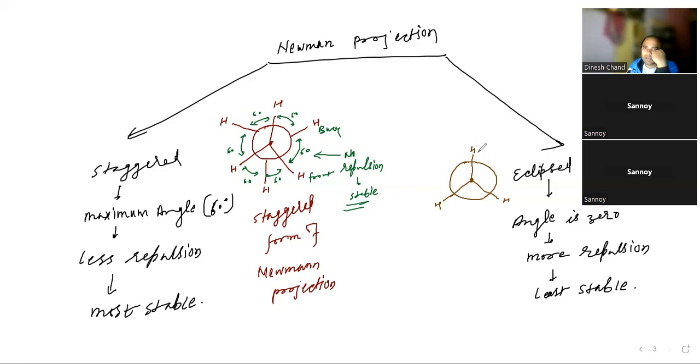Here the back carbon hydrogens. Although we show a little bit of angle, it is absolutely behind. So here the angle is almost 0 degree. If 0 degree is there, it is going to be repulsion. If it is repulsion, it is going to be unstable. Can you understand?